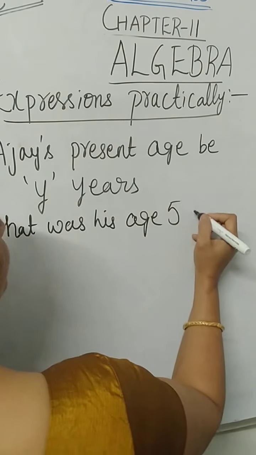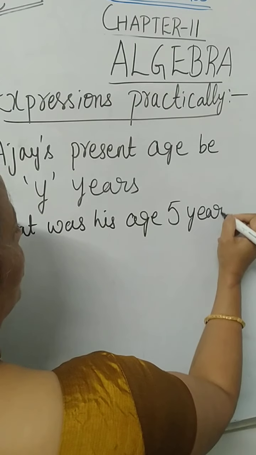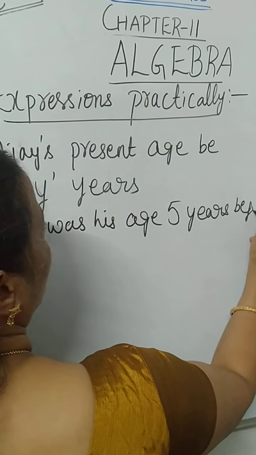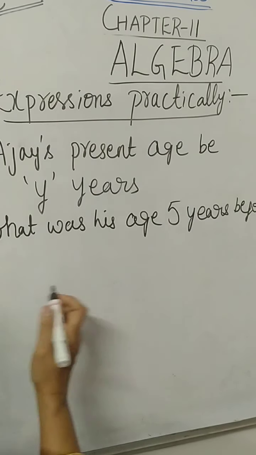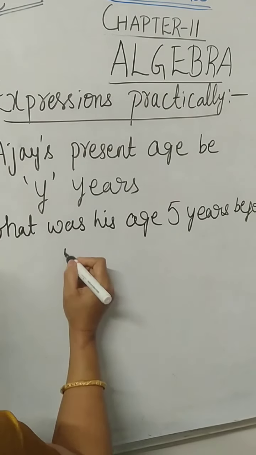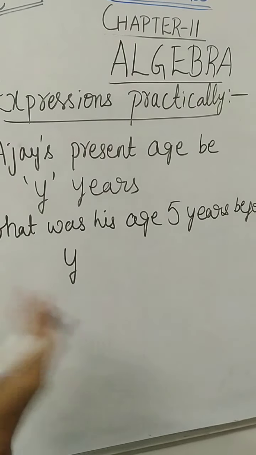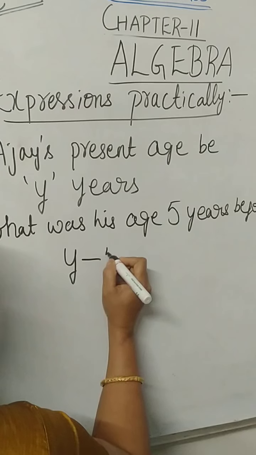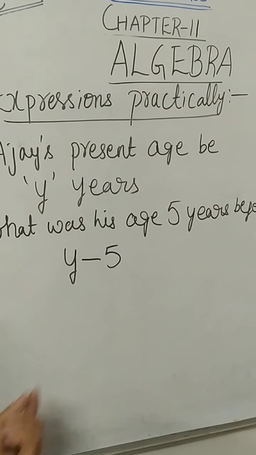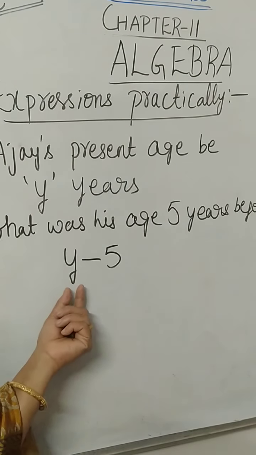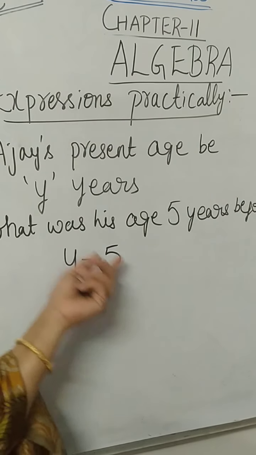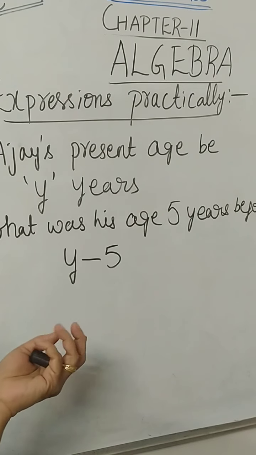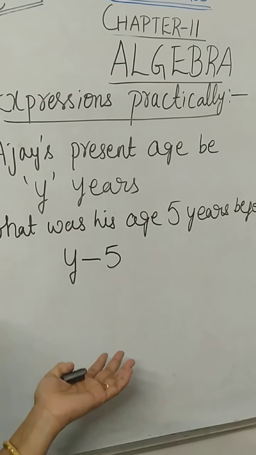What was his age 5 years before? That means he is Y now. Before 5 years, his age was Y minus 5. He was 5 years less than what he is now. Suppose he is 10 years old now. He was 5 years old before 5 years. Did you get it?